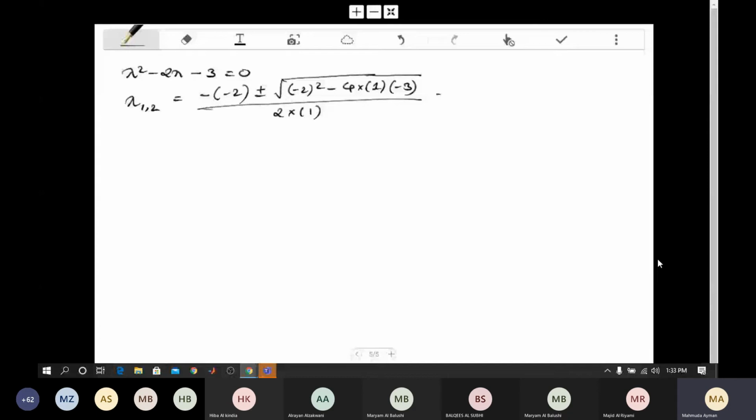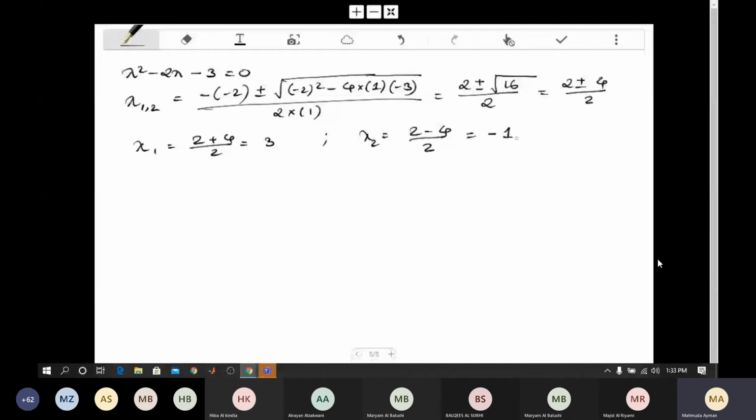This gives us 2 plus or minus the square root of 16, divided by 2. Then we get 2 plus or minus 4 over 2. So lambda 1 is 2 plus 4 divided by 2, which is 3, and lambda 2 is 2 minus 4 divided by 2, which is minus 1.